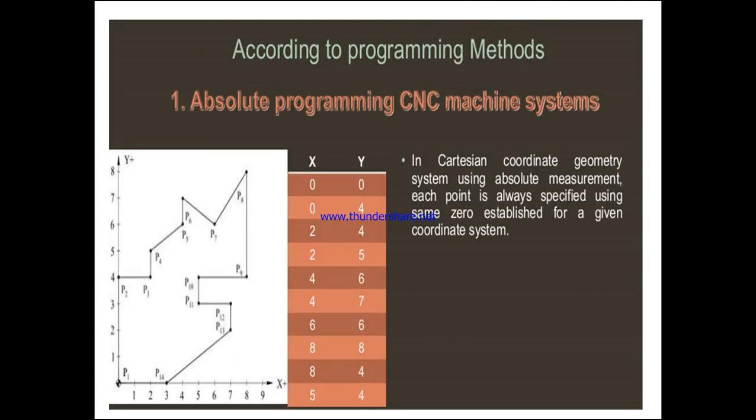When we talk about programming, we have absolute programming, that is, the Cartesian coordinate system using absolute measurement. Each point is always specified using the same zero point, or the zero established for a given coordinate system.